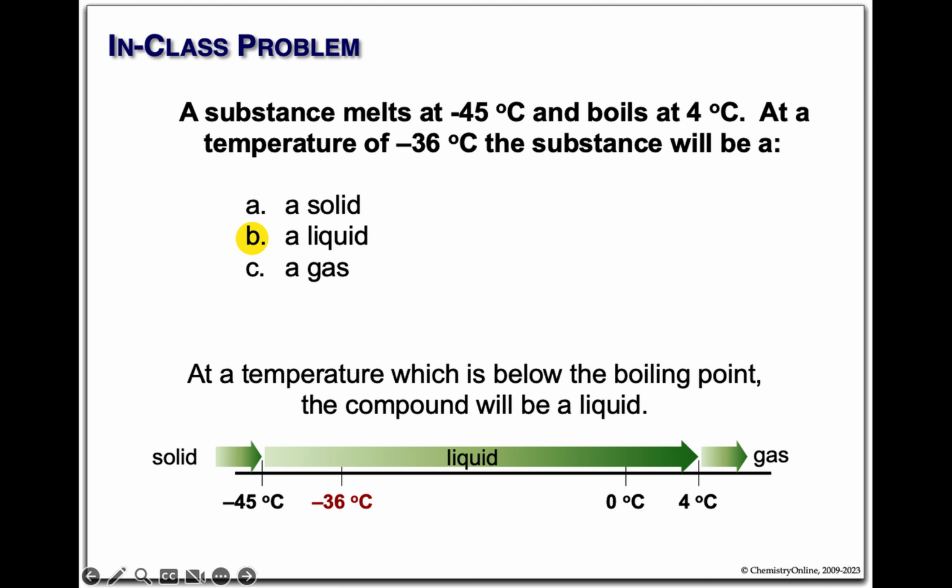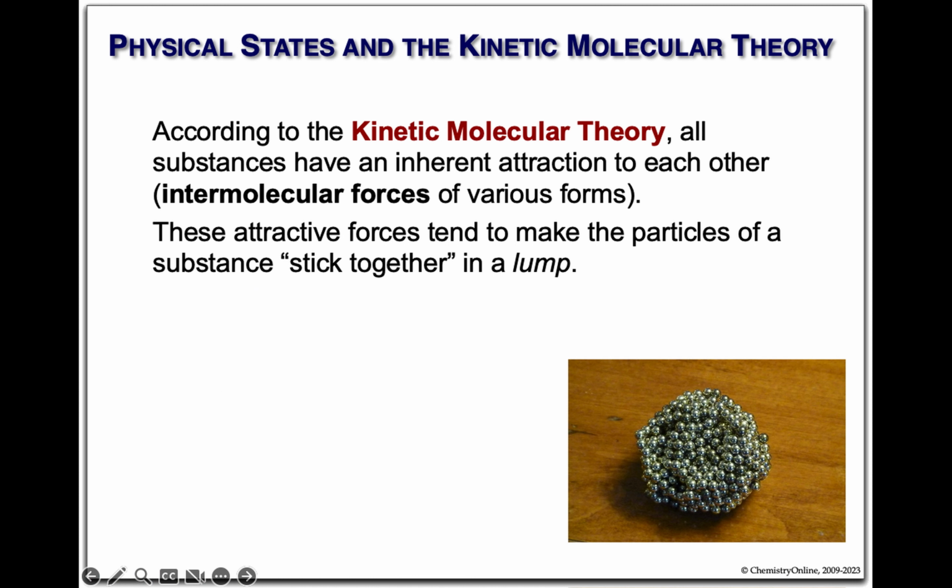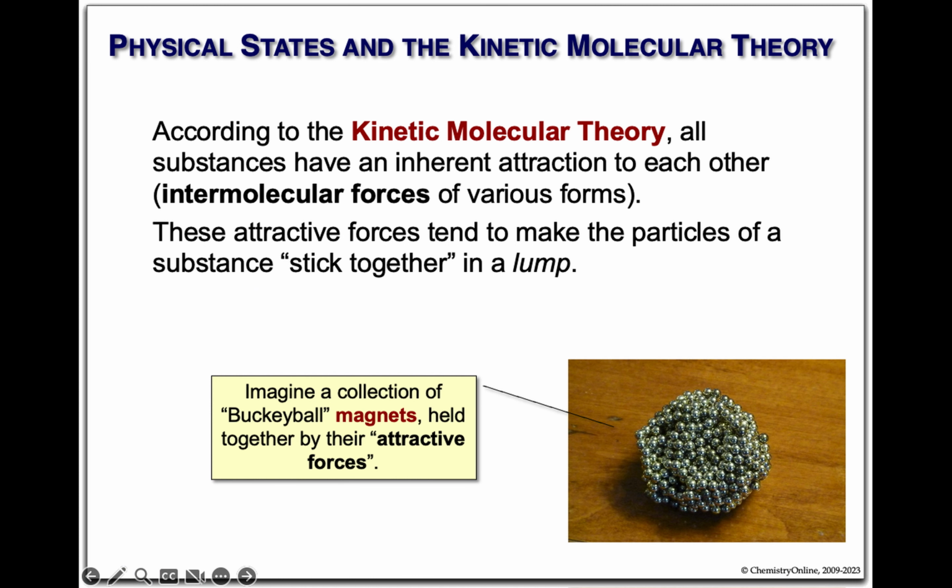All right, I mentioned the kinetic molecular theory. One of the basic tenets of the kinetic molecular theory is that everything in this universe has an inherent attraction to everything else. If we reduce the temperature enough, everything would glom together.